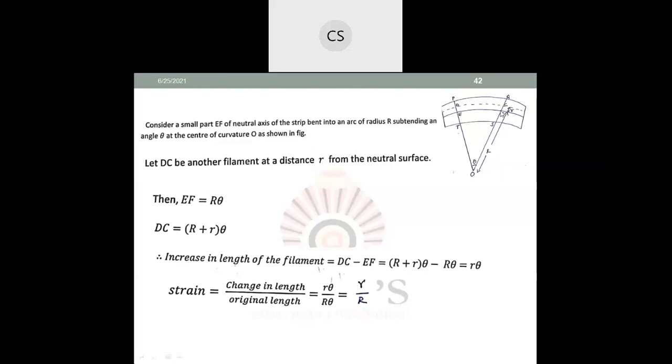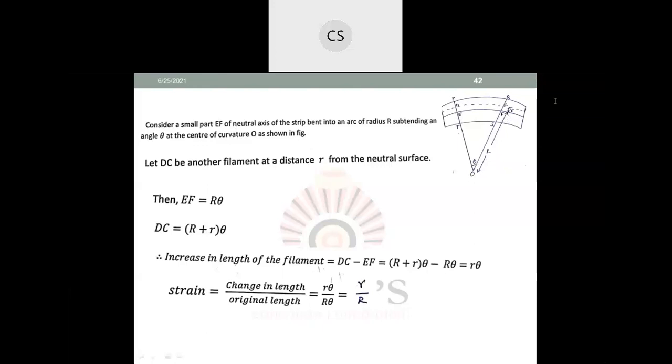Small r is the distance between the neutral filament and another filament, and capital R is the radius of the arc formed by the neutral filament or neutral axis EF, which forms an angle theta. These things are shown in the figure.